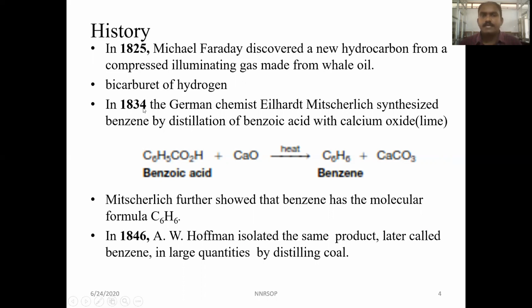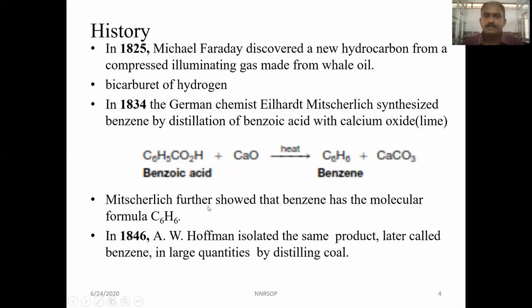In 1834, German scientist Mitscherlich synthesized benzene by distillation of benzoic acid with lime. So here benzoic acid, when treated with lime, undergoes decarboxylation to give benzene and CaCO3.